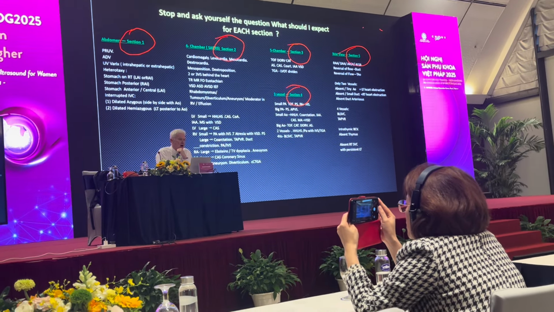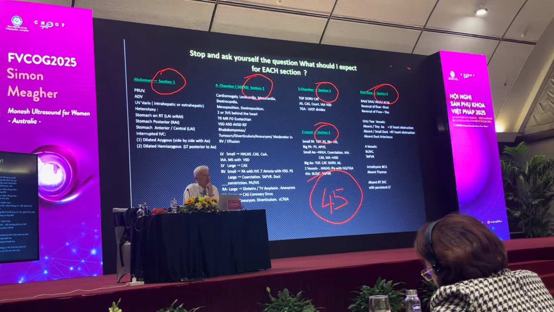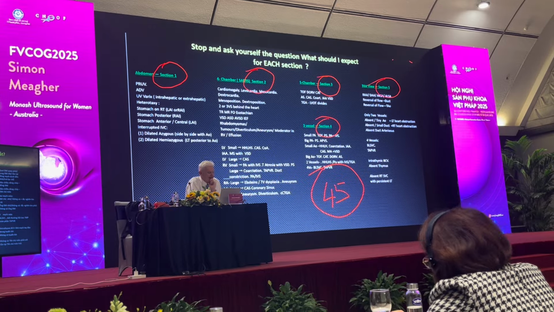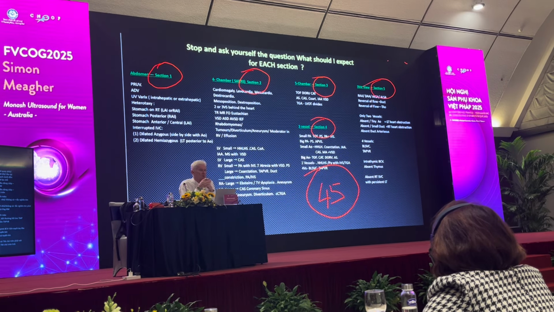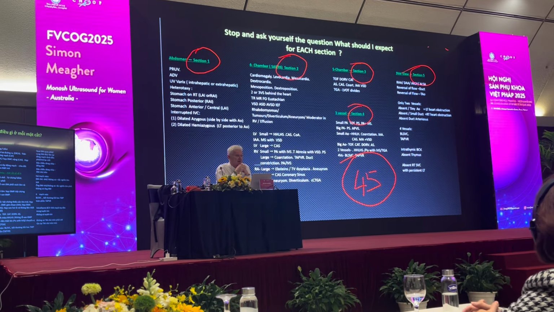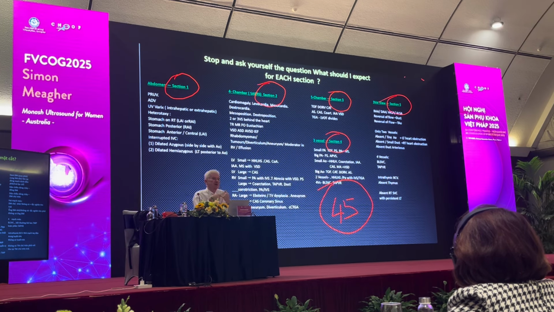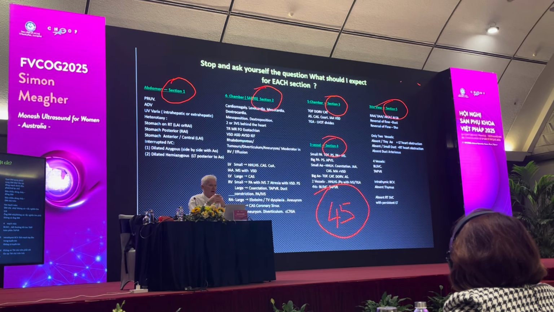If you look at cardiac abnormalities, there are around 45 discrete cardiac abnormalities. If you have in your mind what the problems are section by section, then you know what to expect to see. And if you know what to expect to see, you are more likely to see.